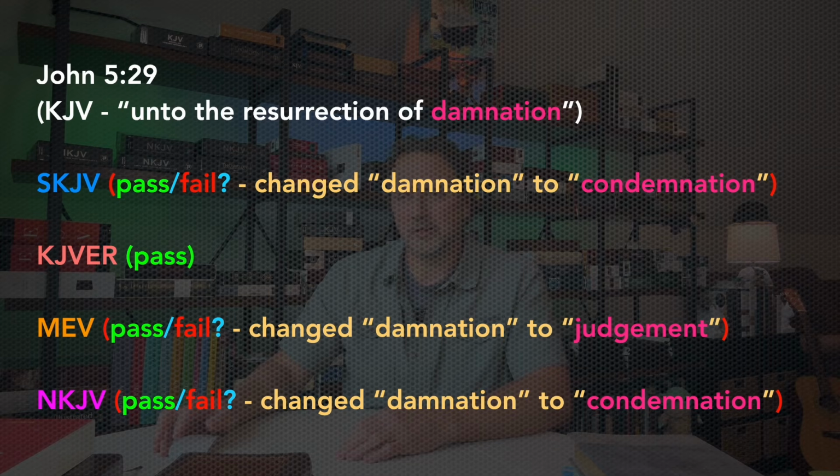John chapter 5, verse 29, KJV, unto the resurrection of damnation. SKJV, I put a pass or fail question mark here because it has condemnation. So it says unto the resurrection of condemnation. KJVER is a pass. MEV, New King James, both of those I've got the question mark there.